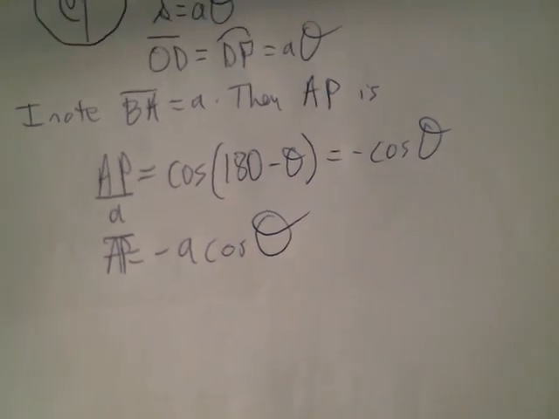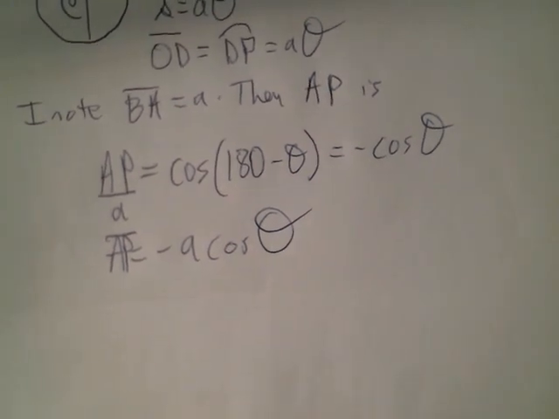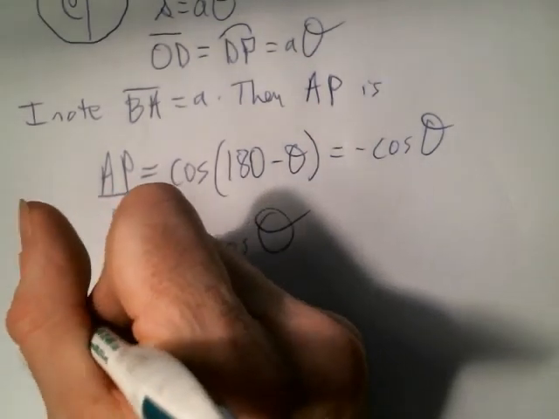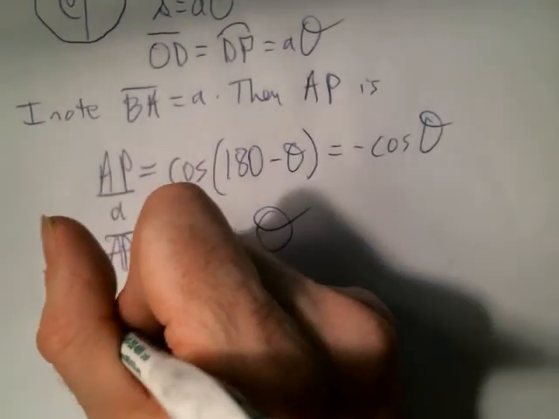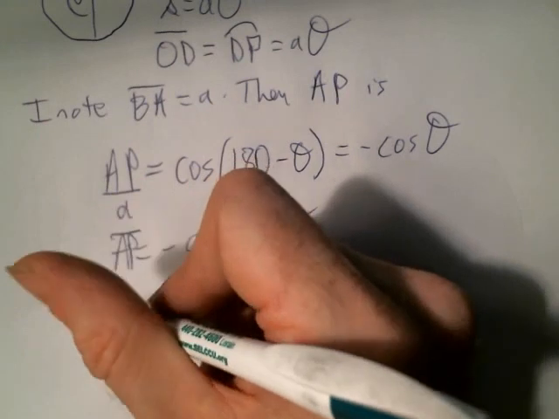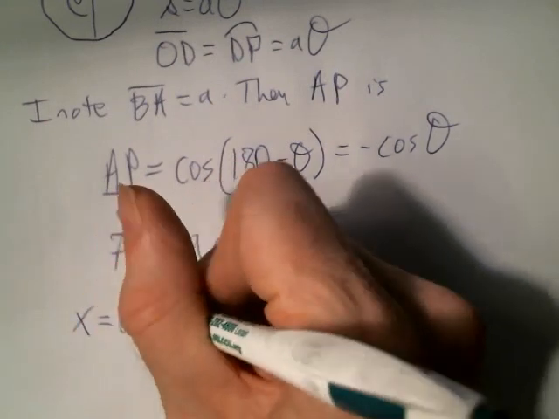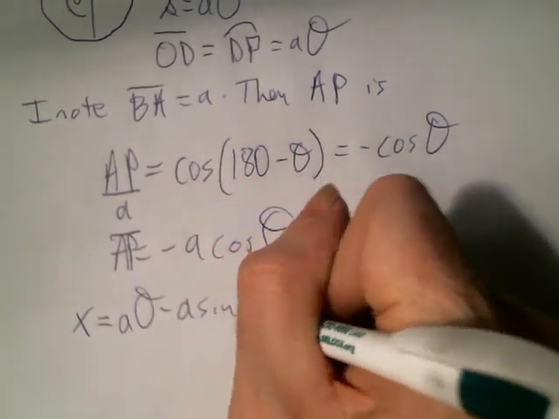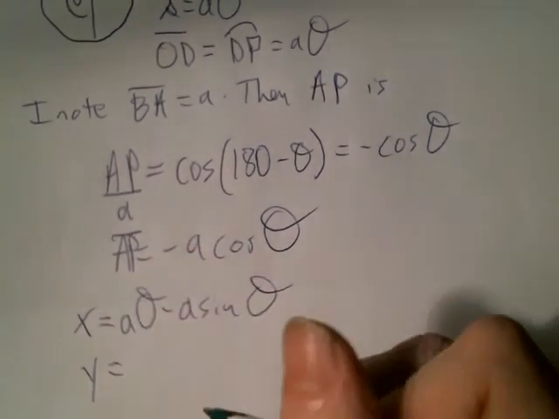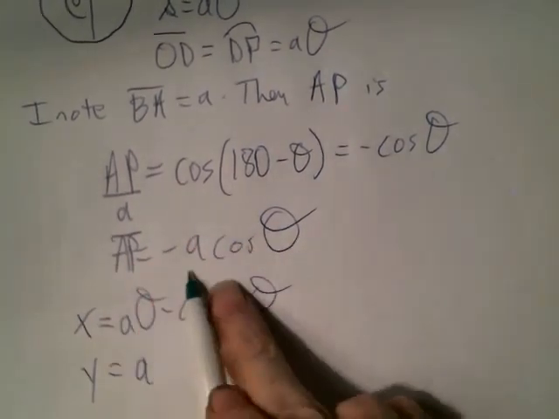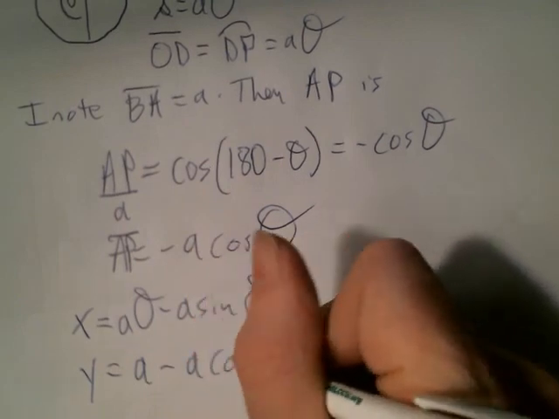In class, I go a lot faster, so I cut out all the baloney. But anyways, at the end, our parametric equations, the long and the short of it, we have x is a theta minus a sine theta, and then y is a plus ap, which is minus a cosine theta.